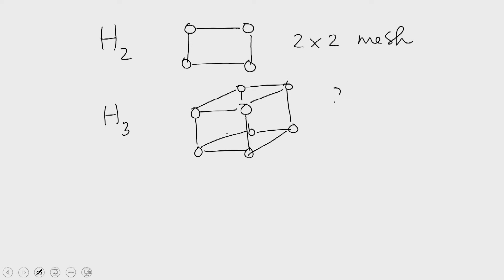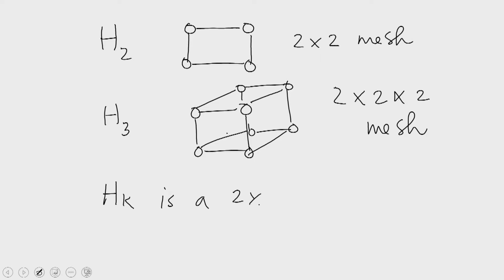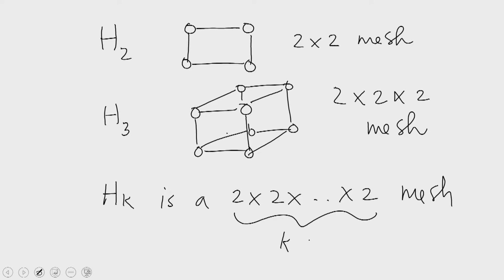You can see that this is nothing but a 2 by 2 by 2 mesh. So, continuing like this, we find that Hk in general is a mesh of this sort, a k-dimensional mesh where the dimensionality is 2 in each dimension.